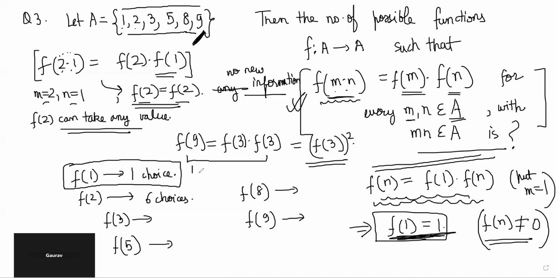f of 9 has to be 1 or 9, and f of 3 has to be 1 or 3. Do you understand what I'm saying? Yes, sir. And if you fix f of 3 as 1, then f of 9 is already fixed?